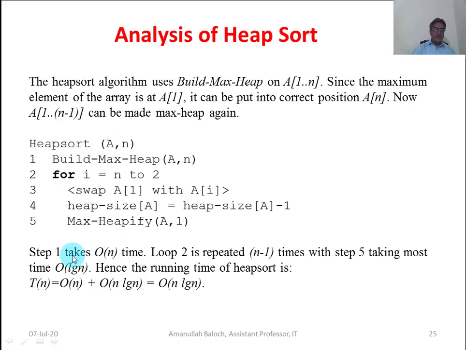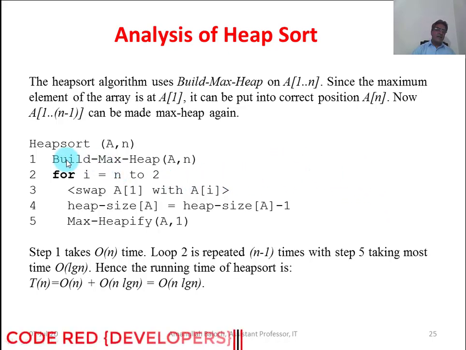Heap sort step 1 takes O of n time, because there are n elements, so build max heap will execute on these n elements for building them into a max heap. That is, the first array element will become the root element, and then the next array element will become the left child, and the next element will become the right child, and then the other elements of the array will become the children of the next second level parents.